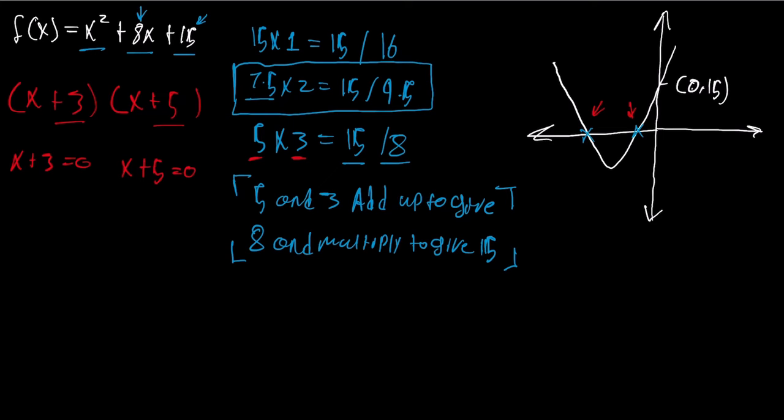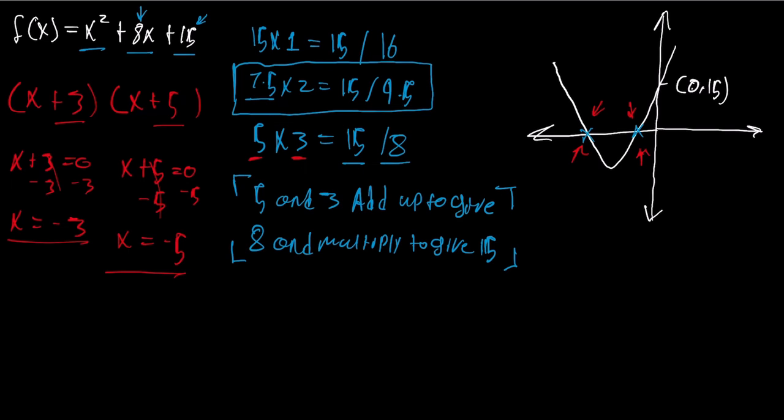We need to find these two points right here. So I'm going to subtract: x equals minus 3, and x is equal to minus 5. So now we can see that our points of intercept are at -3 and -5.